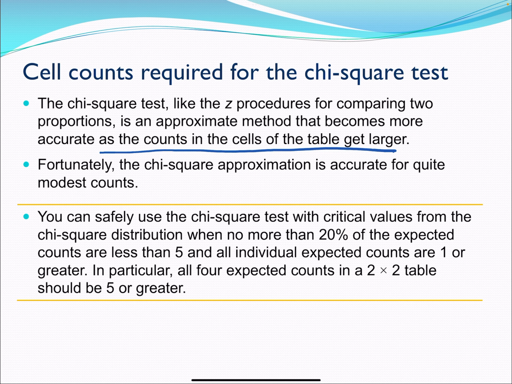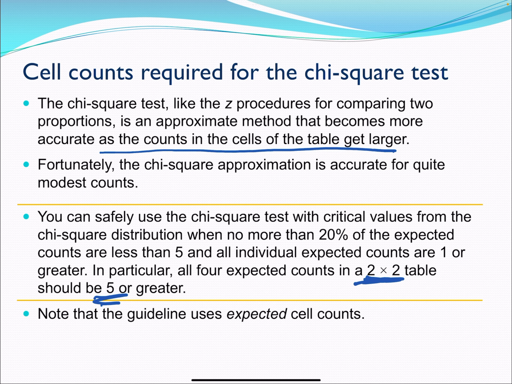So in particular, all 4 expected counts in a 2 by 2 table should be 5 or greater. 2 by 2 being like the smallest table we could make. A 1 by 1 table wouldn't make any sense, really. And note that this guideline uses the expected cell counts, not observed.